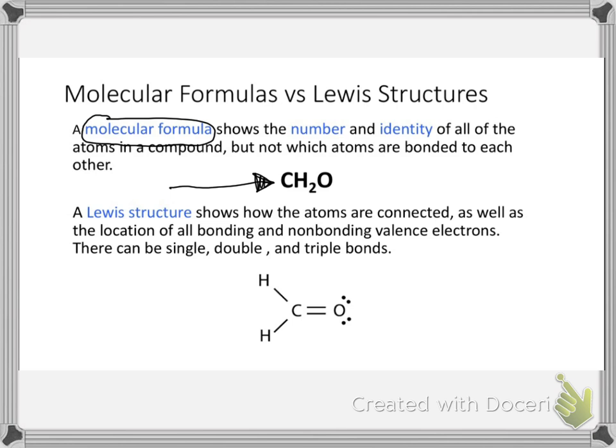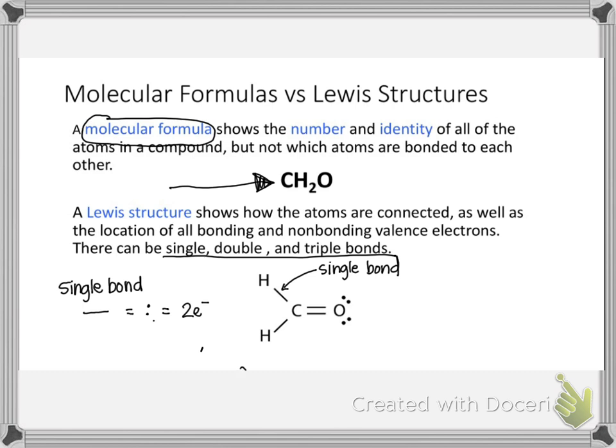Now you'll notice in the words it talks about single, double, and triple bonds. So a single bond is represented by just one line like that, which equals 2 dots. Oops, sorry. Doesn't like to draw dots. So that is 2 electrons being shared.